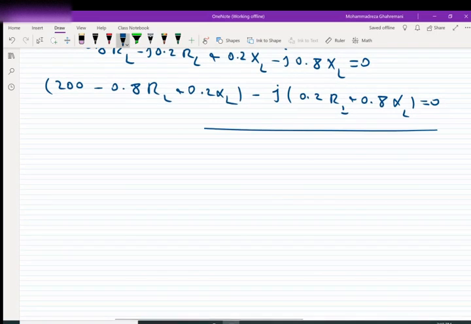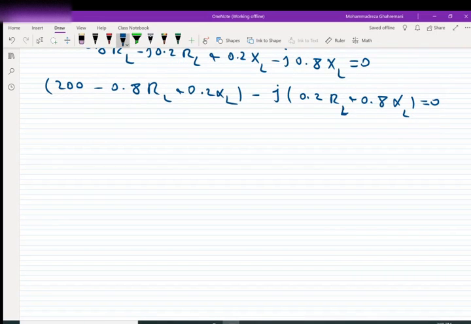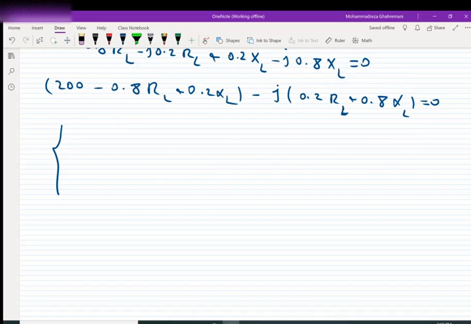Because this expression is equal to 0 and it's a complex number, both the real part and the imaginary part should be equal to 0. So in order to have this complex number equal to 0, we should have both real part and imaginary part equal to 0.